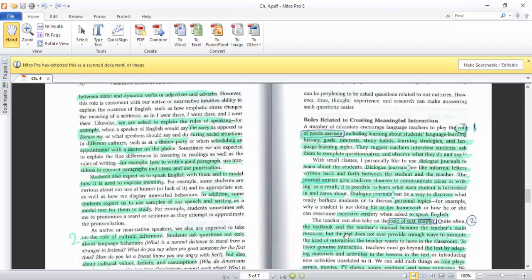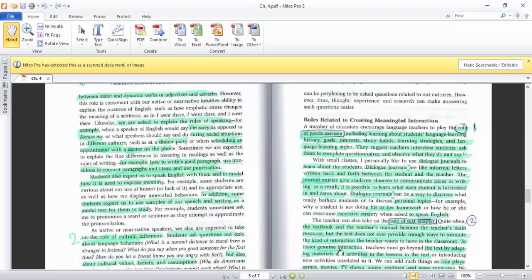The second role is called text adapter. Often the textbook and the teacher's manual become the teacher's main resource. But the text does not always provide enough to promote the kind of interaction the teacher wants to have in the classroom.